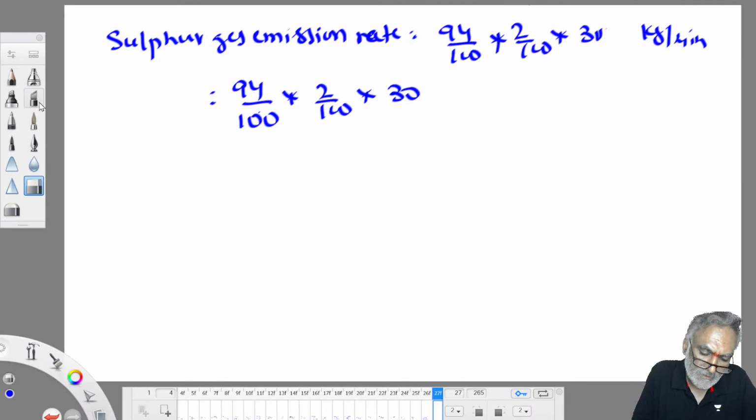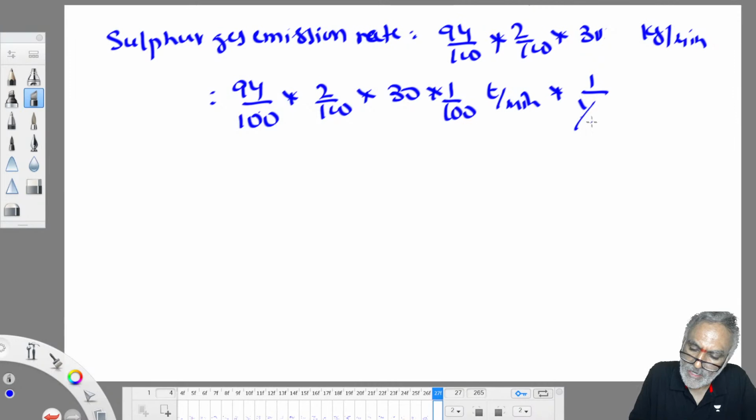First let us convert kilograms into tons. Into 1 by 1000, then tons per minute. How to convert minutes into years? 1 minute is equal to how many years? 1 by 365 into 24 into 60.